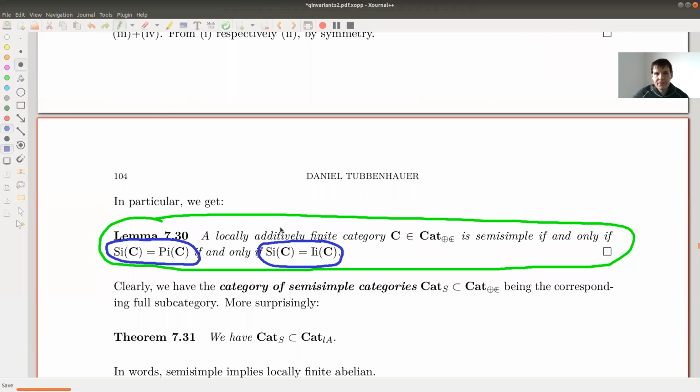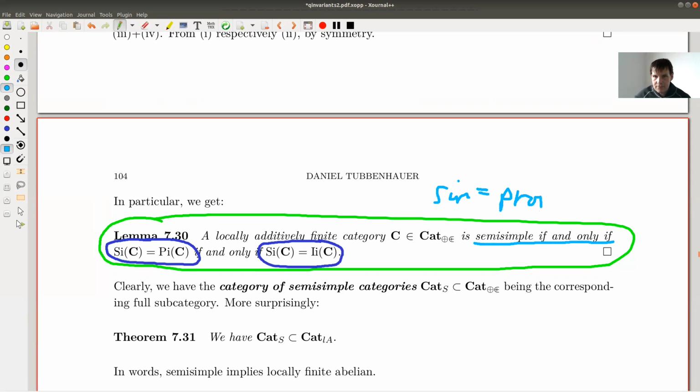So semi-simple, this is important. Semi-simple if and only if simple equals projective. If simple modules are projective, then things are semi-simple.